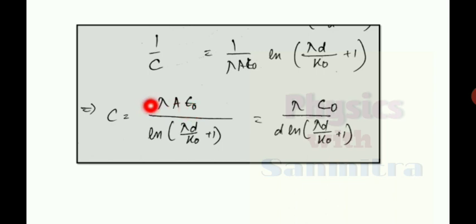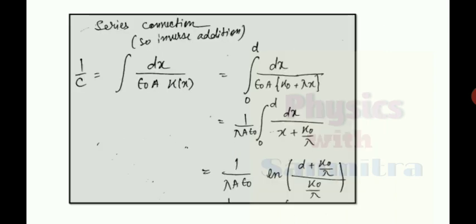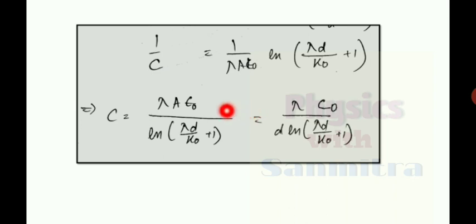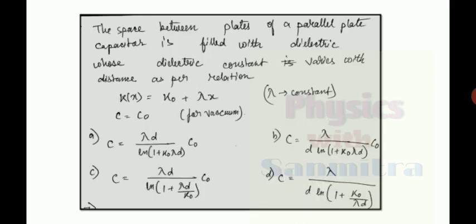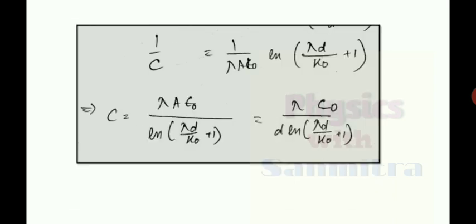So C will be lambda A epsilon naught by ln of lambda d by K naught plus 1. We just have to understand this part, and then this problem is just integration. Epsilon naught A by d is my C naught, so I have to multiply by d here. So C is lambda epsilon naught d by ln of lambda d by K naught plus 1. So my correct option is option D.